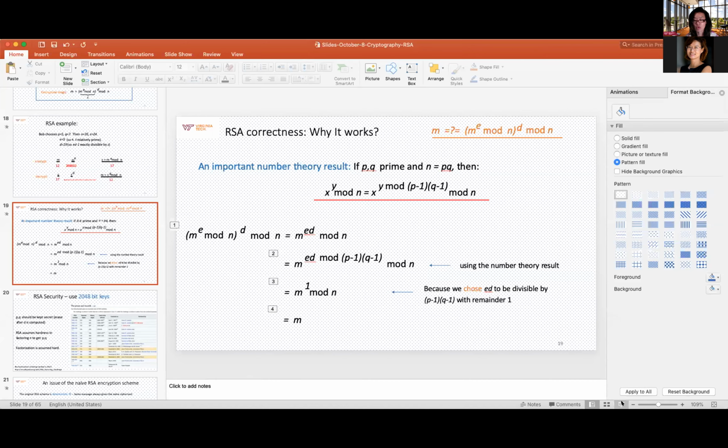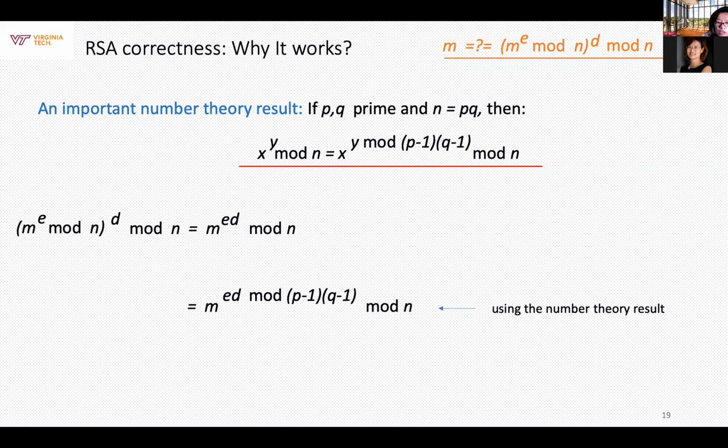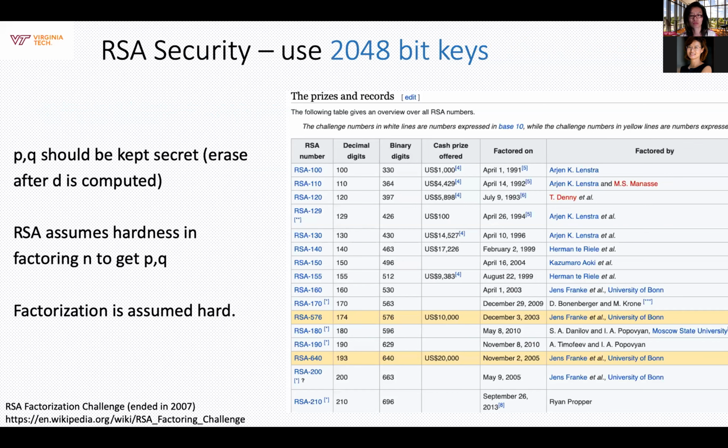And I want you to go back home and verify yourself and be able to see that indeed you can get your message back if you have the right keys.